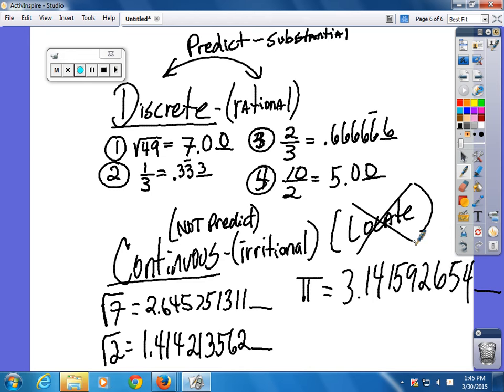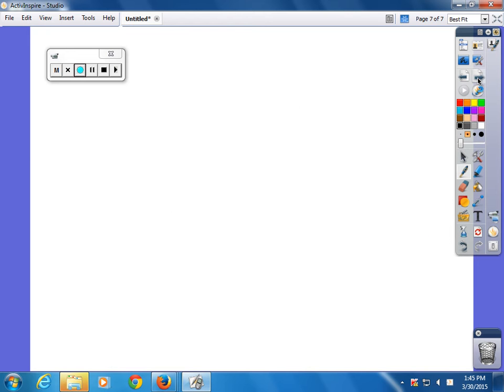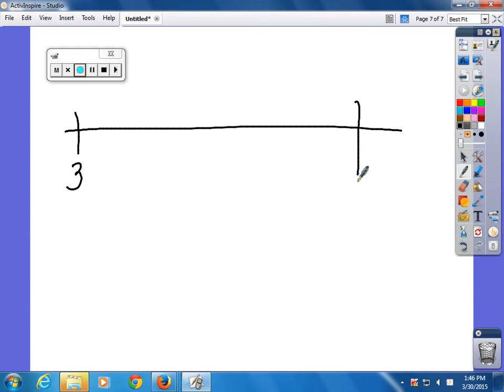Technically on a number line, this is what's happening with those numbers. Let's say this is 3, and this is 4. Now you got to think out of the box. Okay, 3.14. Now you got to say, this is 3.1 right here.